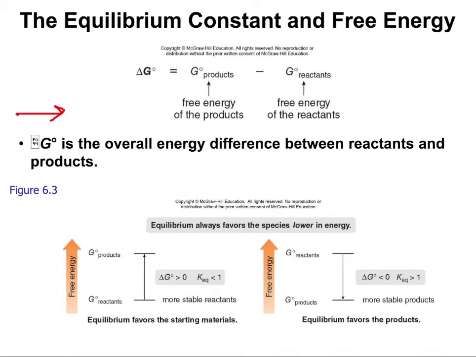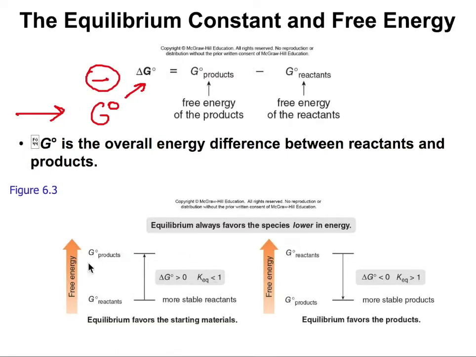Our reaction will move forward when the delta G, and remember this is the Gibbs free energy, the G right there, has a negative sign.